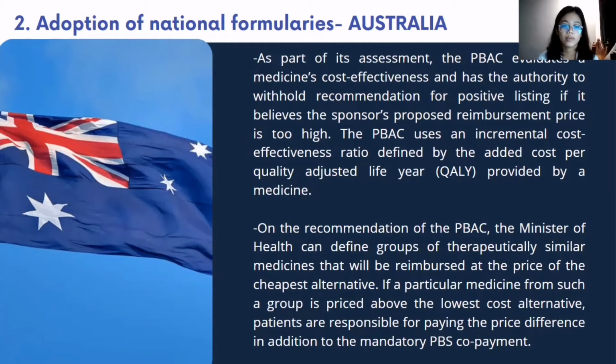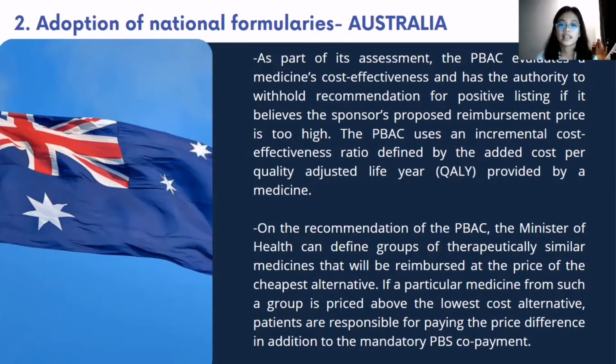That drug will be recommended by the PBAC to the Minister of Health, and the Minister of Health will decide if it is approved in the PBS, in the PBS program or co-payment.